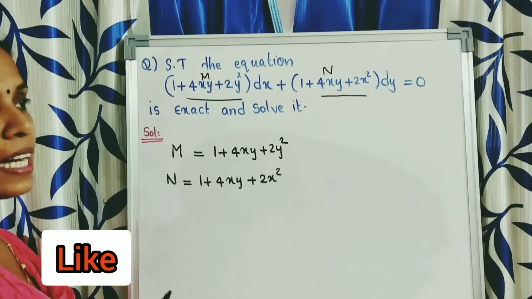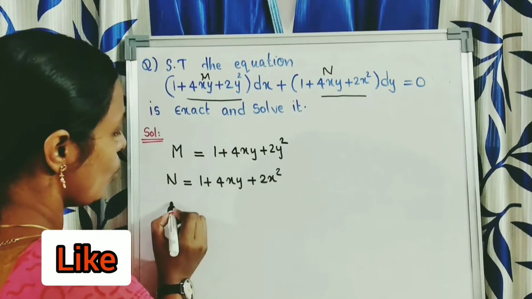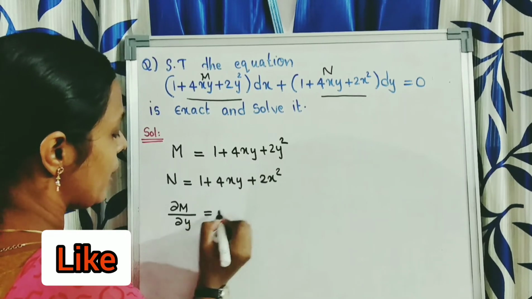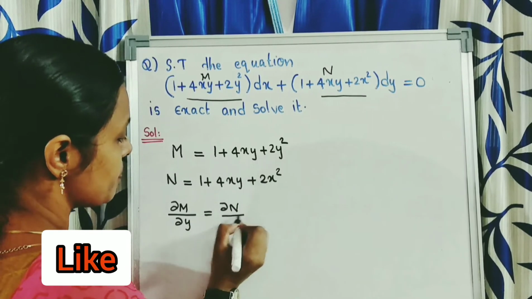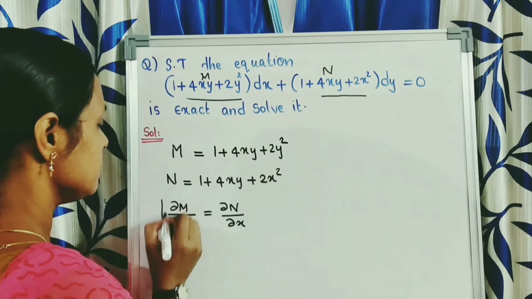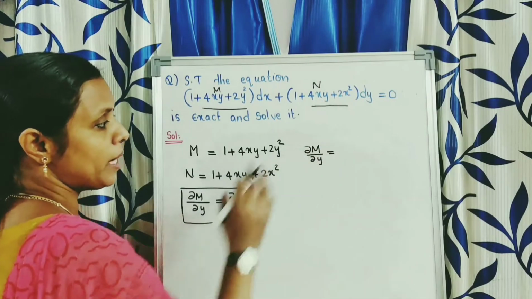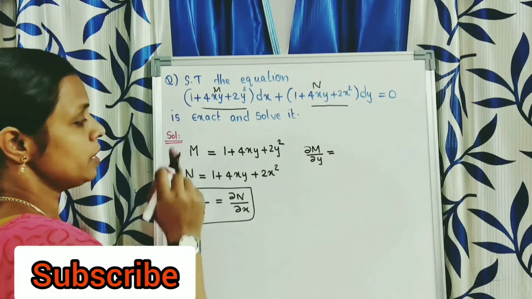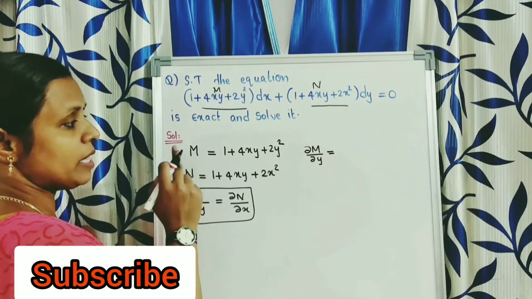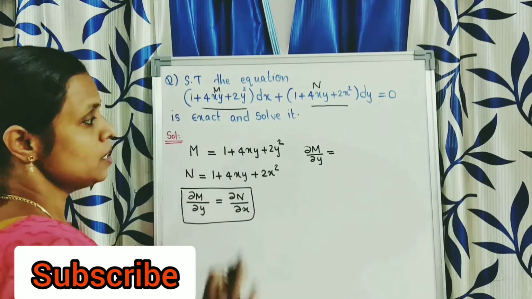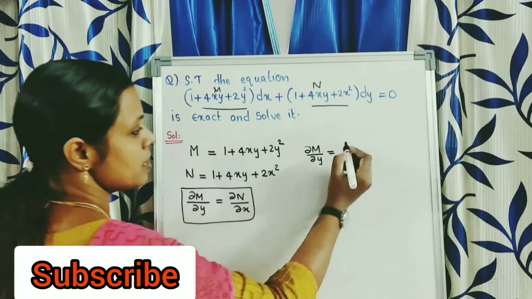If it is exact, then it satisfies ∂M/∂y equal to ∂N/∂x. First we find ∂M/∂y. We differentiate partially with respect to y regarding x as constant. The derivative of 1 is 0.